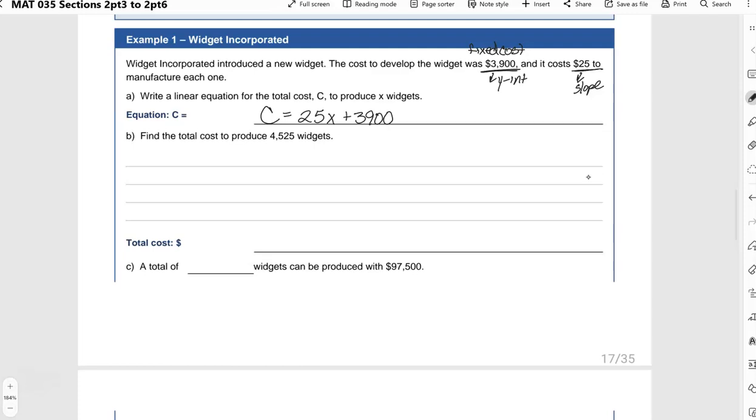B is asking us to find the total cost to produce 4,525 widgets. So we're going to plug that into our equation for X. 4,525 is my X, so cost is going to be 25 times 4,525 plus 3,900.